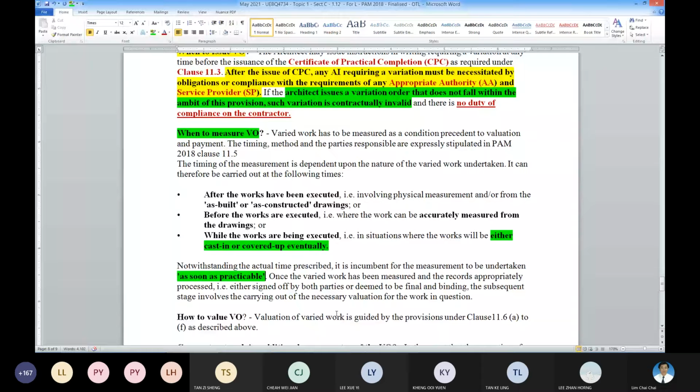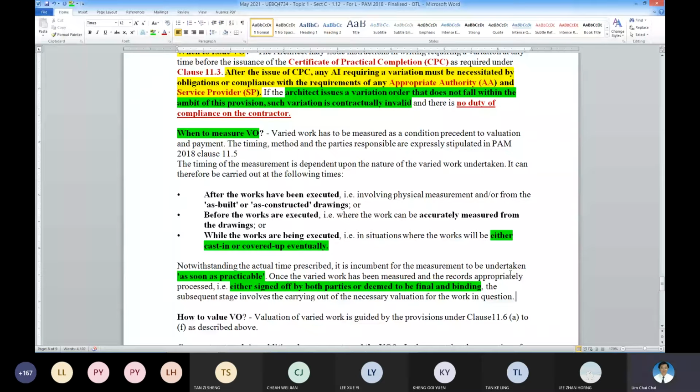So it has to be endorsed by the parties present, especially the site representative of the employer and the owner. The owner's will be the clerk of works, and the site representative of the contractor will be the project manager or whatever. So this is how you evaluate.